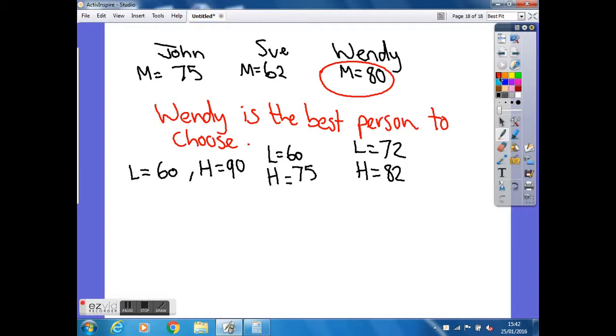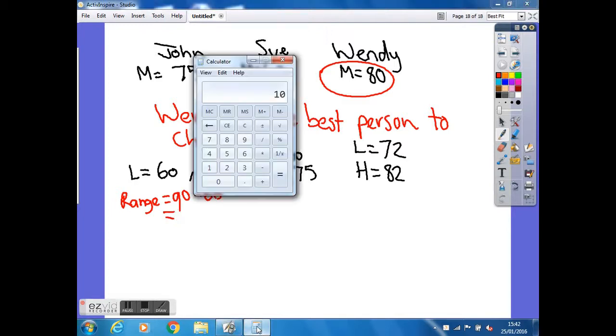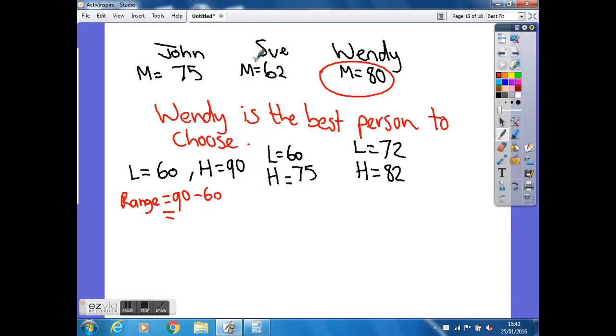So range calculations tell us that we need to do the highest number subtract the lowest number. So for John, the range is equal to 90 minus 60, giving us a total of, and let's use the calculator for that if we're not too sure, 90 minus 60 equals 30.